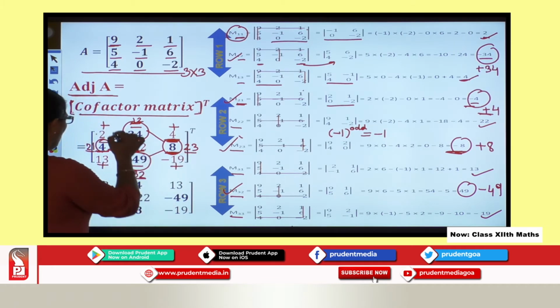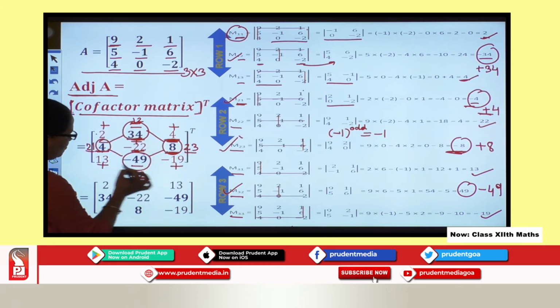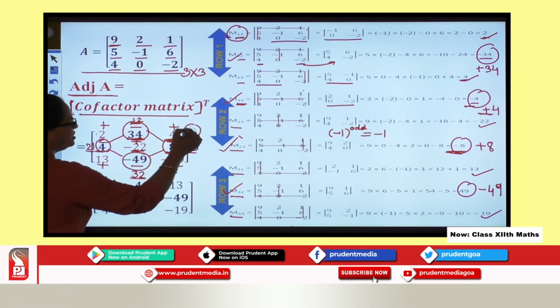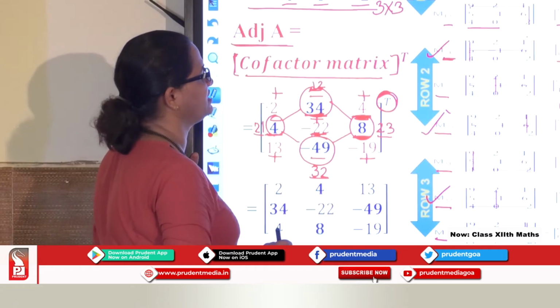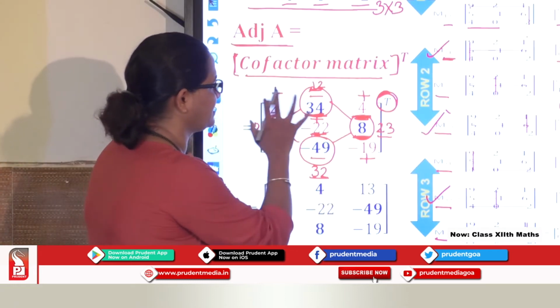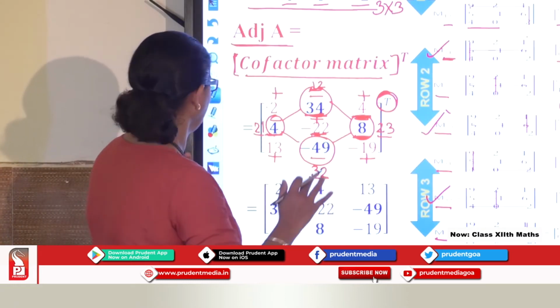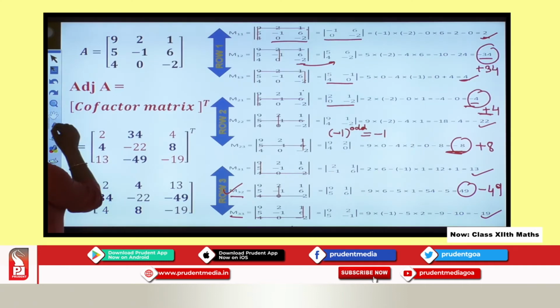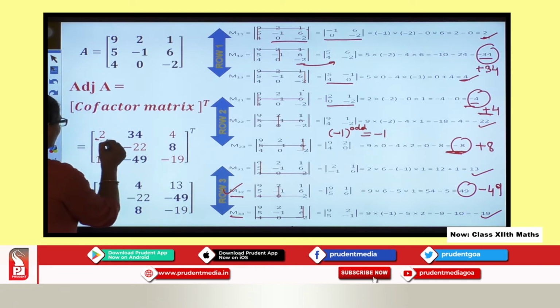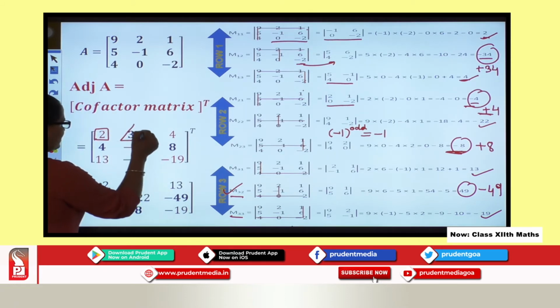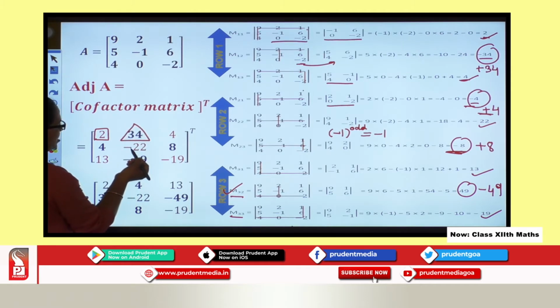And here, see all these cofactors. When you put them in respective places, what you need to do is take the transpose of it. Let me explain this once again. Here you can see 2, this position remains as it is. This is changed. Why is this changed?